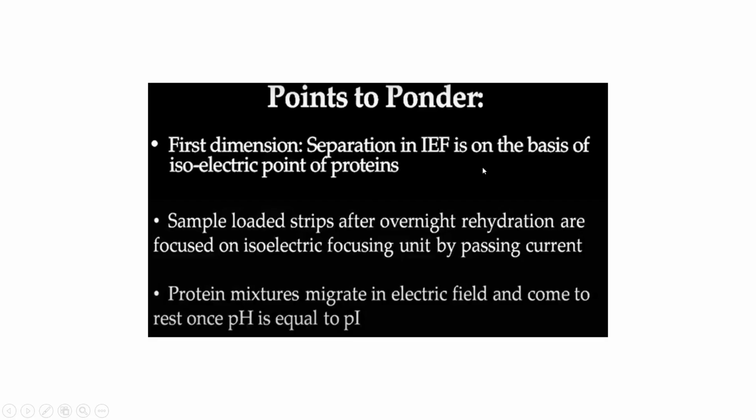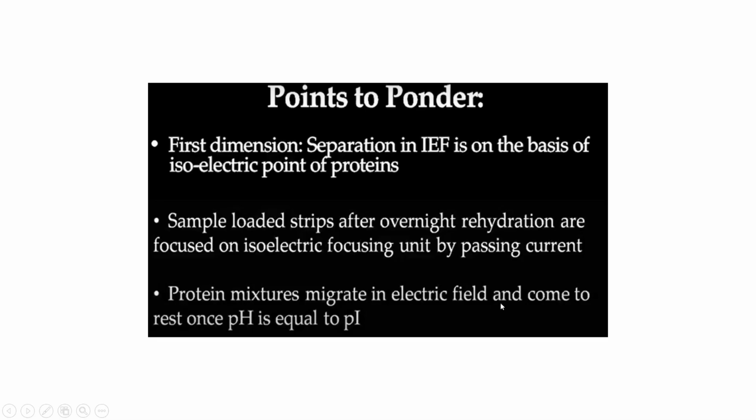So this separation in isoelectric focusing is on the basis of the isoelectric point. Just to revise the same thing: you load the sample on the strips, rehydrate overnight, then run it.